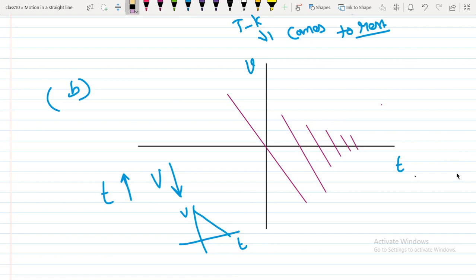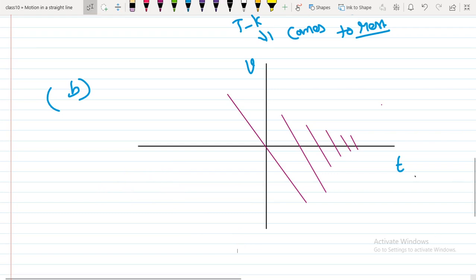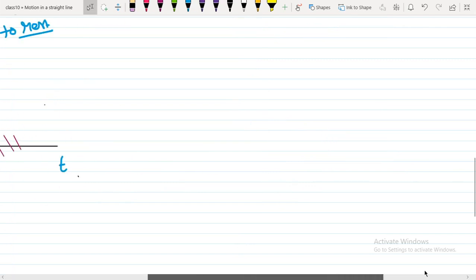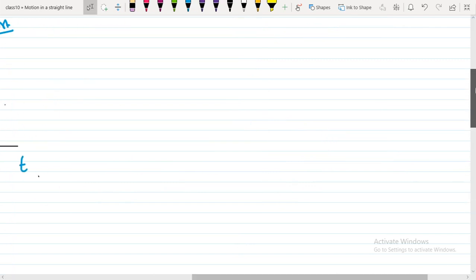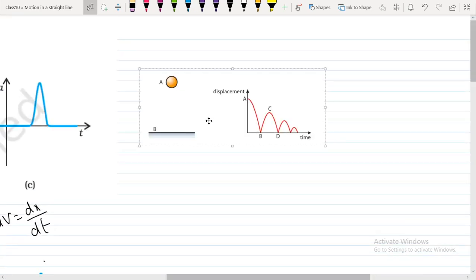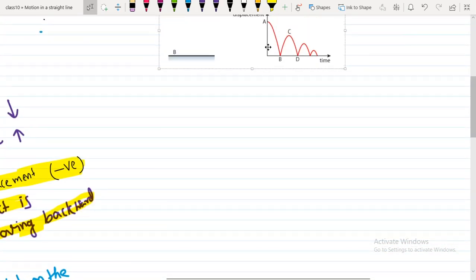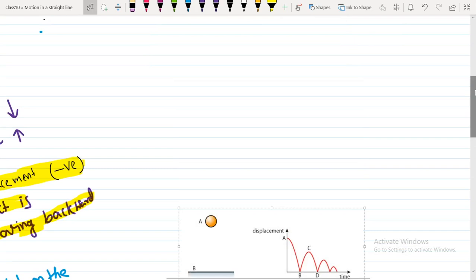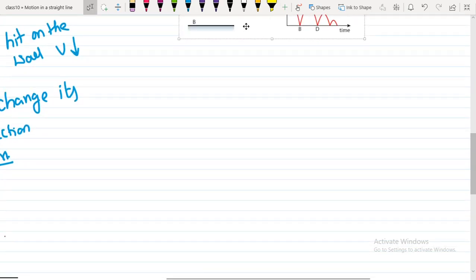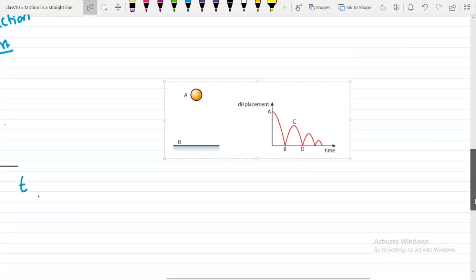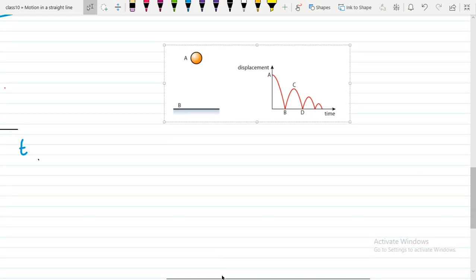This situation comes when we drop a ball from a certain height. Suppose I draw the position versus time graph. So this is the position versus time graph for the given velocity versus time graph. A dropping object, a bouncing ball dropped from a certain height.